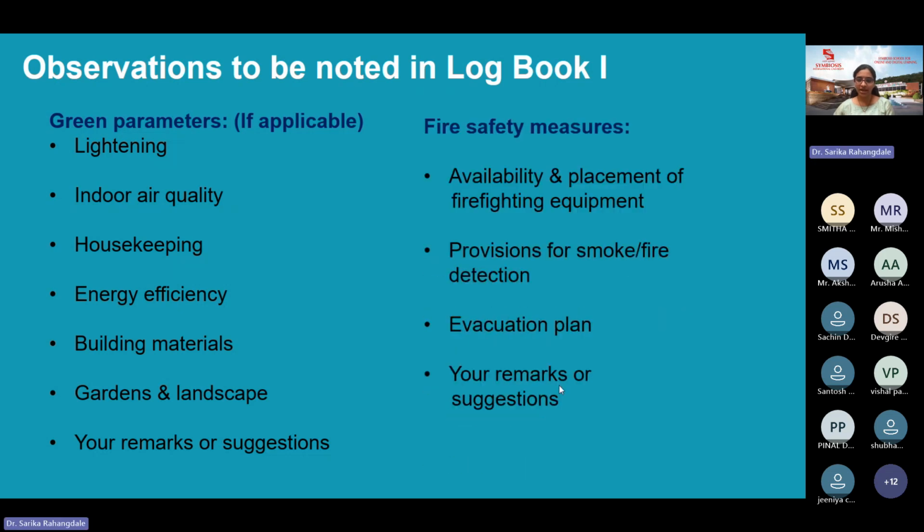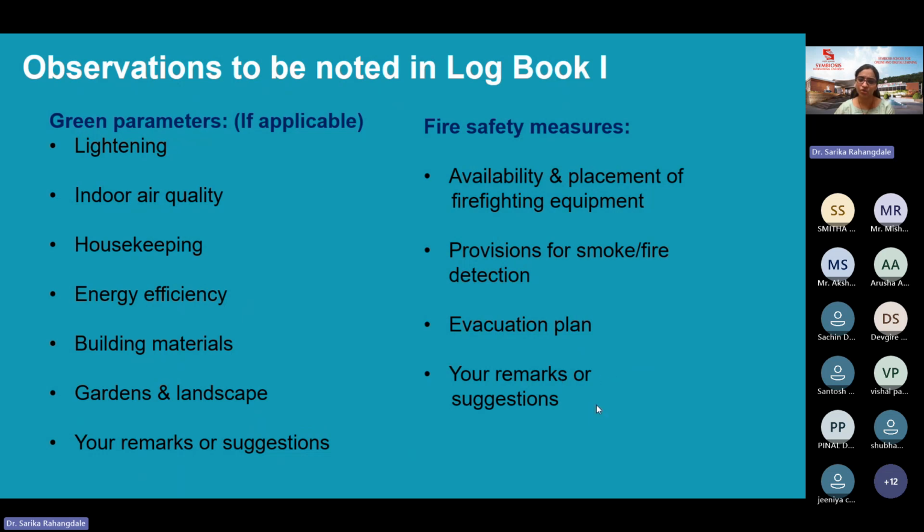Next is the fire safety measures. The hospital has to be protected by a combination of systems, including fire extinguishers, fire first aid, hose drills, yard hydrants, wet riser, automatic sprinklers, right? In your hospital, what kind of fire safety measures are being adopted?